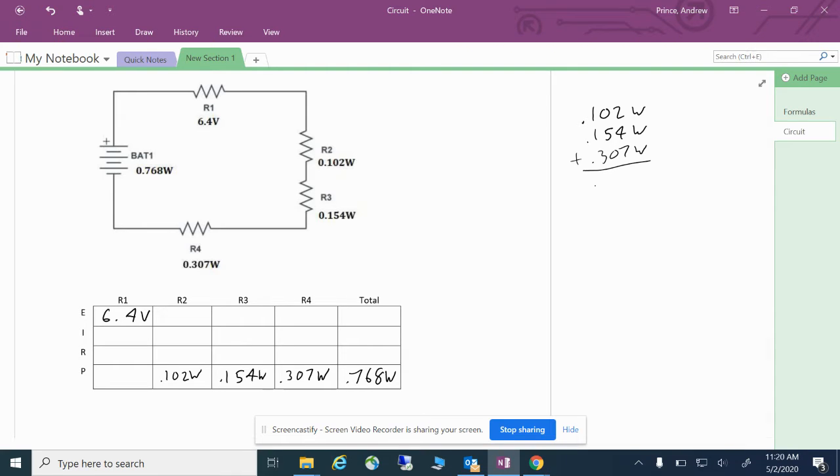So that gives us 0.563 watts. So all the wattage values of the resistors individually, except for one, are adding up to 0.563, and we have the total. So what we're going to do is take the total, 0.768 watts, and subtract the rest of those, and that's going to give us that last value that we're missing over here.